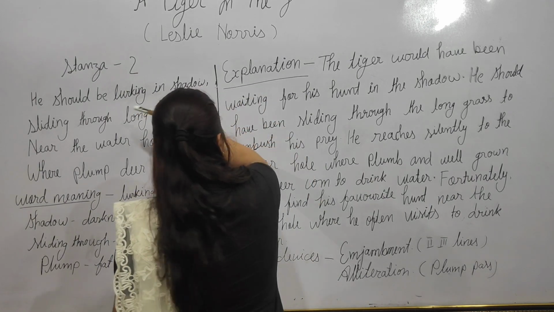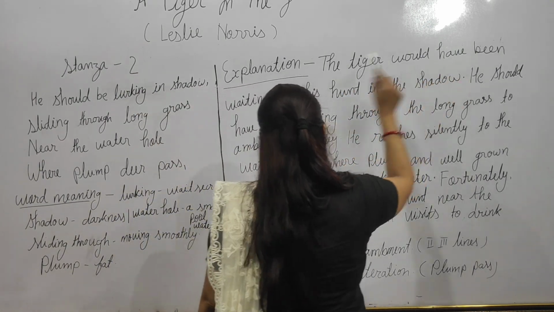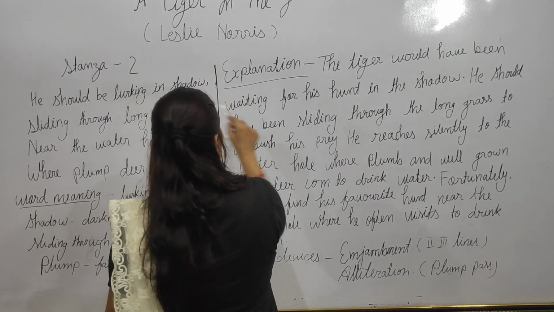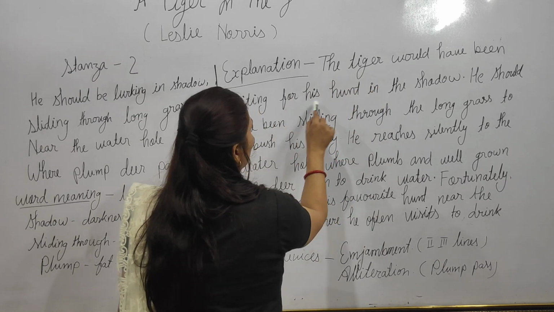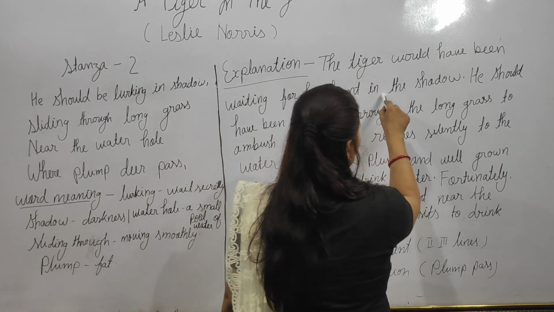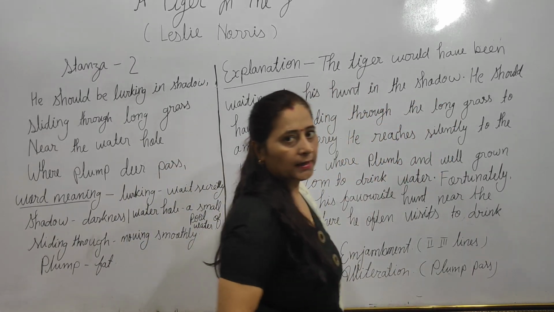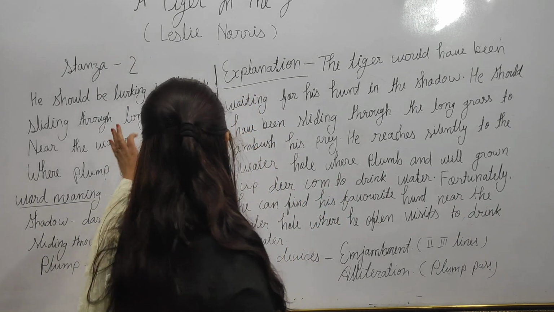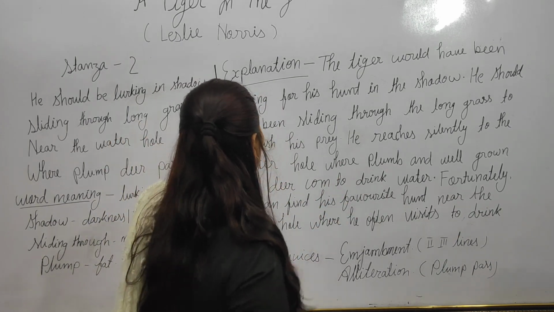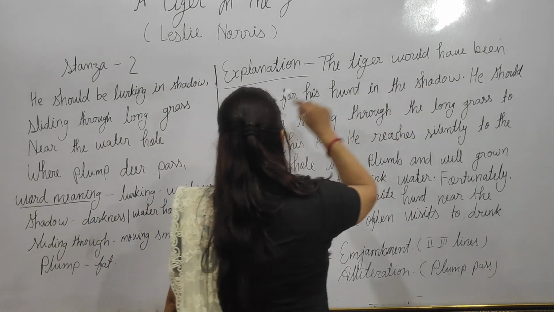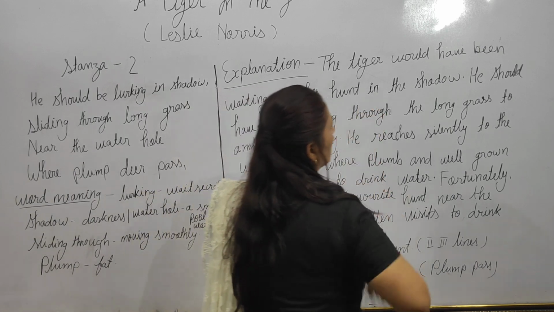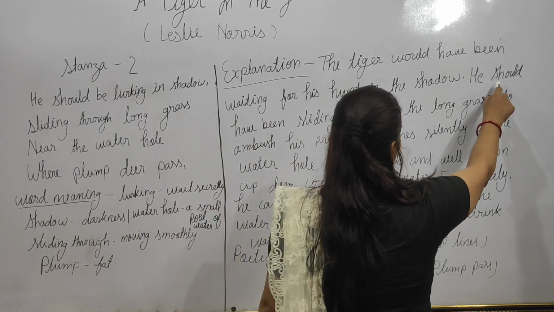So here the he means the tiger. Lurking means waiting. The tiger would have been waiting for his hunt in the shadow, behind the grass.